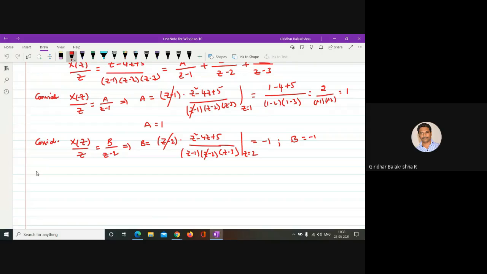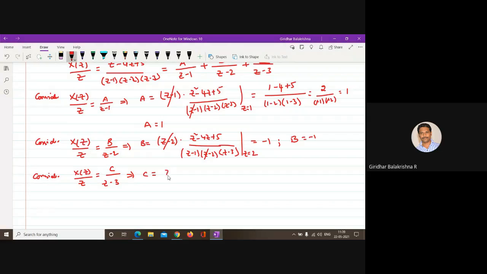Okay. Next, those who have completed, calculate for C. We need to consider X(z)/z equal to C/(z minus 3).